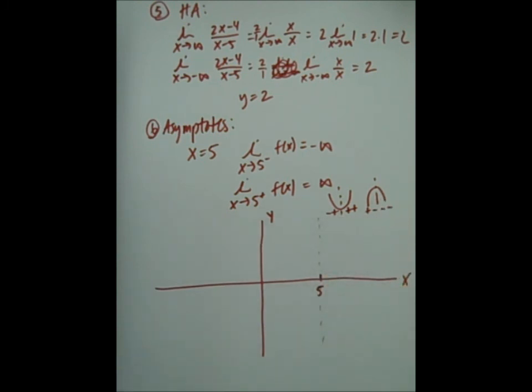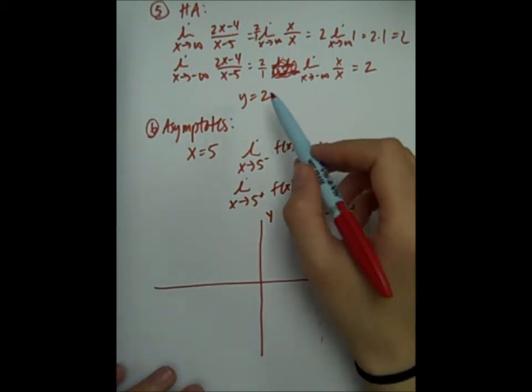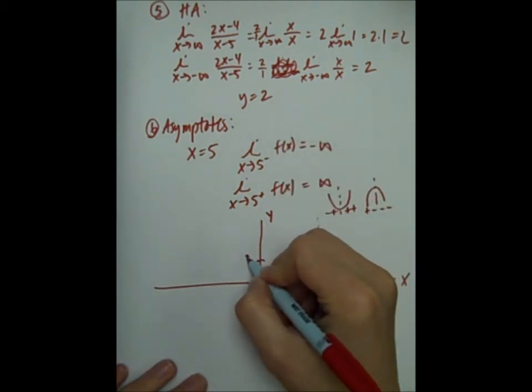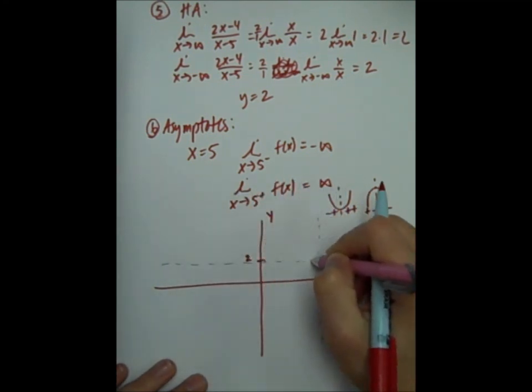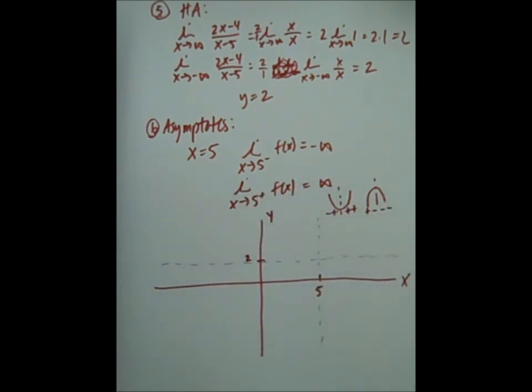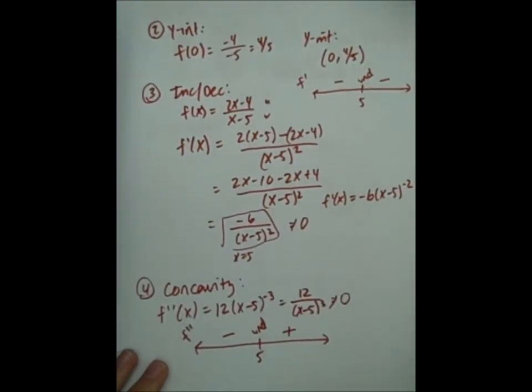Now in addition to the transition point at 5, I'm also going to plot the horizontal asymptote. So that was 2. So I plotted my horizontal asymptote, I plotted my transition points. Now let's look at the signs. To the left of 5, what was the slope?